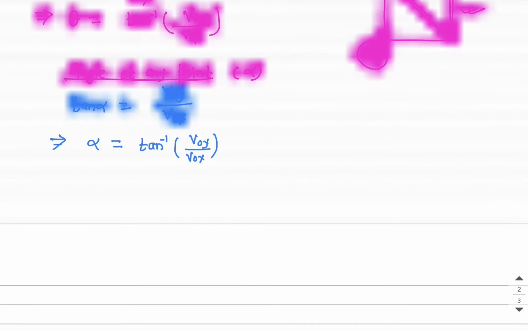So alpha would be simply equal to tangent inverse of the vertical velocity divided by the initial horizontal velocity.